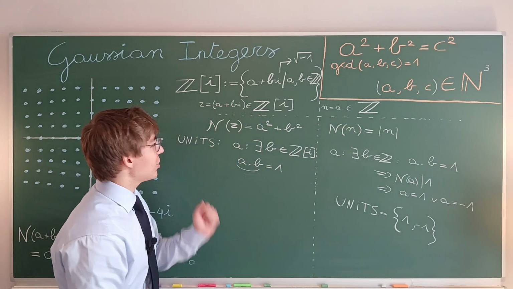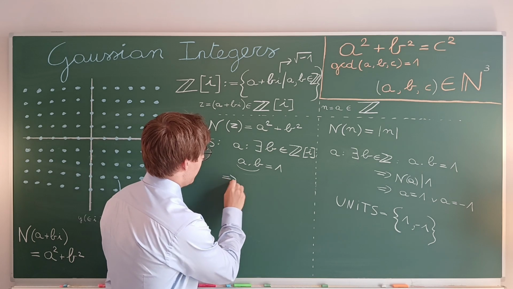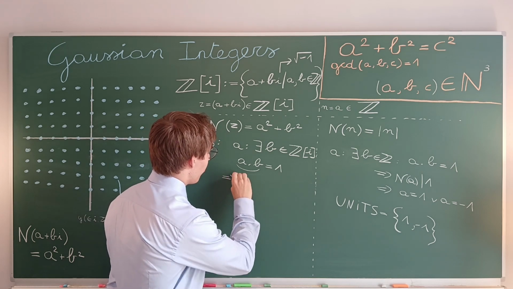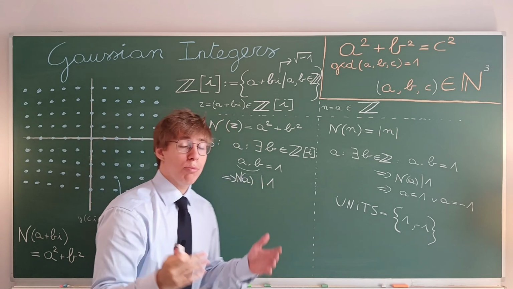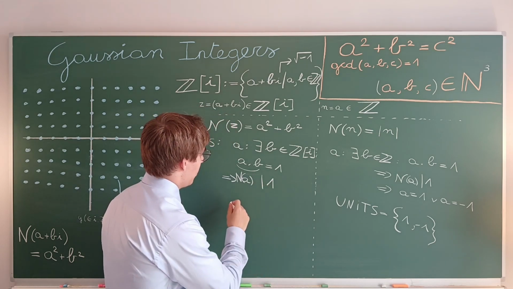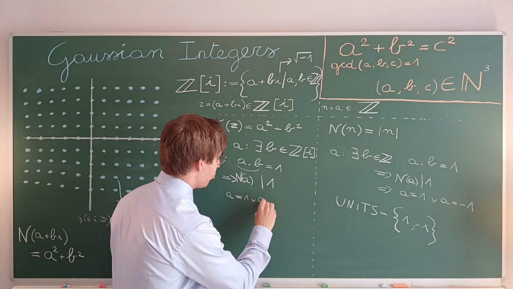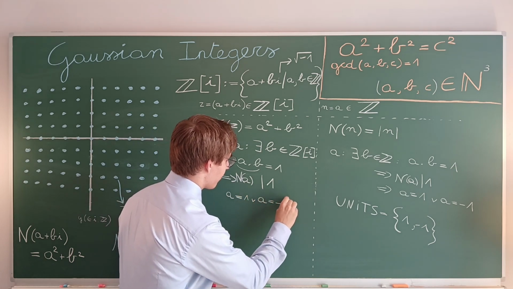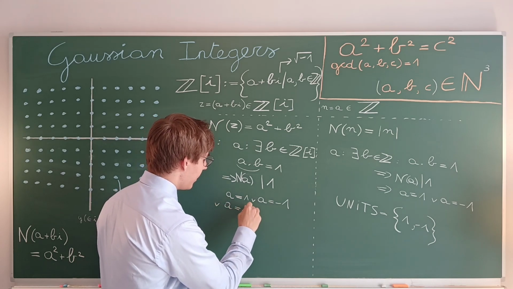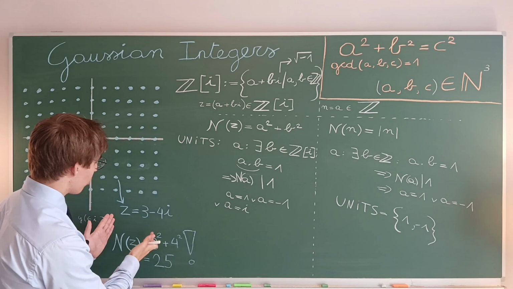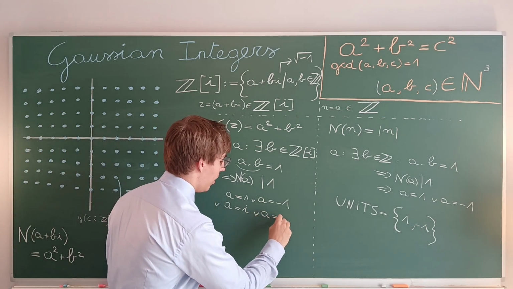Now in the Gaussian integers it is a little bit more complicated, since it follows that the norm of a divides 1, but we now have more options. We have the options a is equal to 1 and a is equal to -1. But we also have the options that a is equal to i, which also has norm 1, or a is equal to -i.